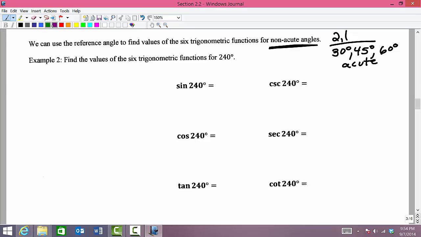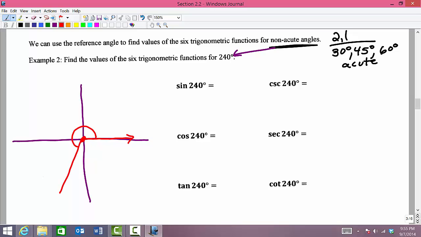We can do something similar for angles like 240 degrees, something that is non-acute. First, let's start by graphing our angle 240 degrees. We're going to graph this in standard position. And we know that when we go to find our trig function values, we have x, we have y, we have r. We need to know the values for each of those.